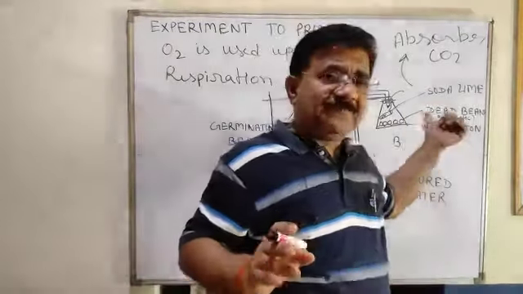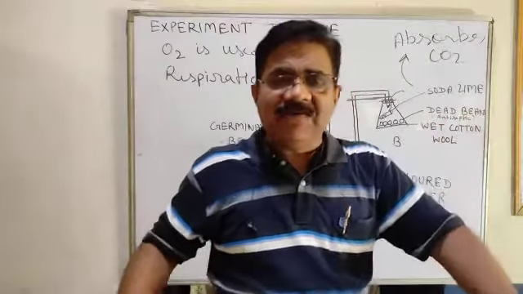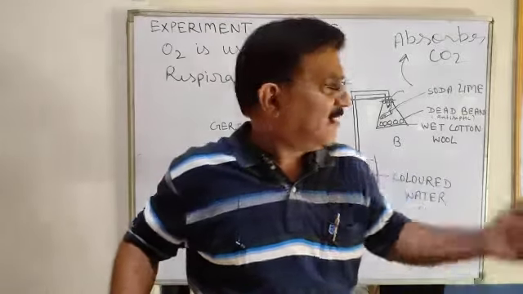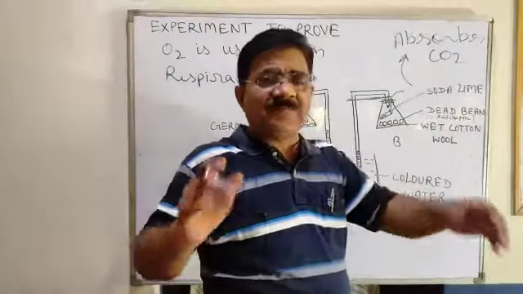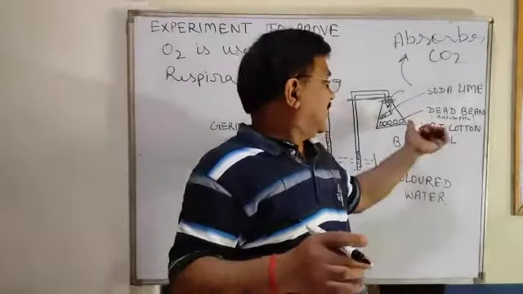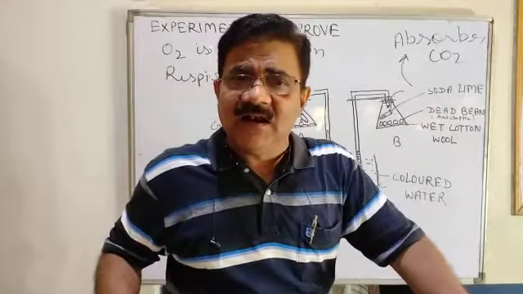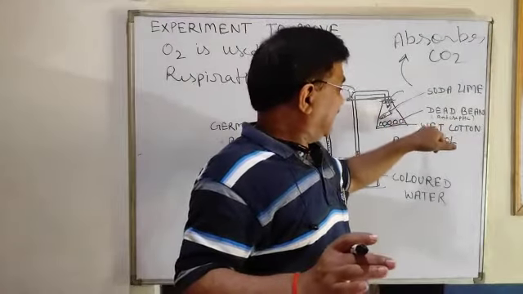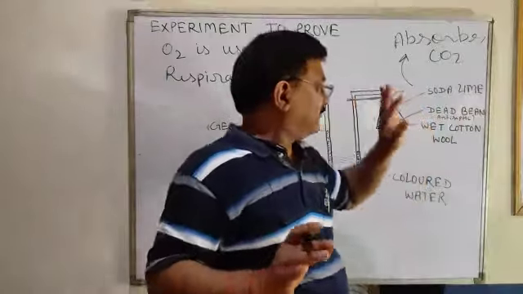To avoid bacterial growth. If it is not treated with antiseptic, bacteria or other microorganisms can grow there, and you will not get the result. So dear children, this dead bean seed is treated with antiseptic.